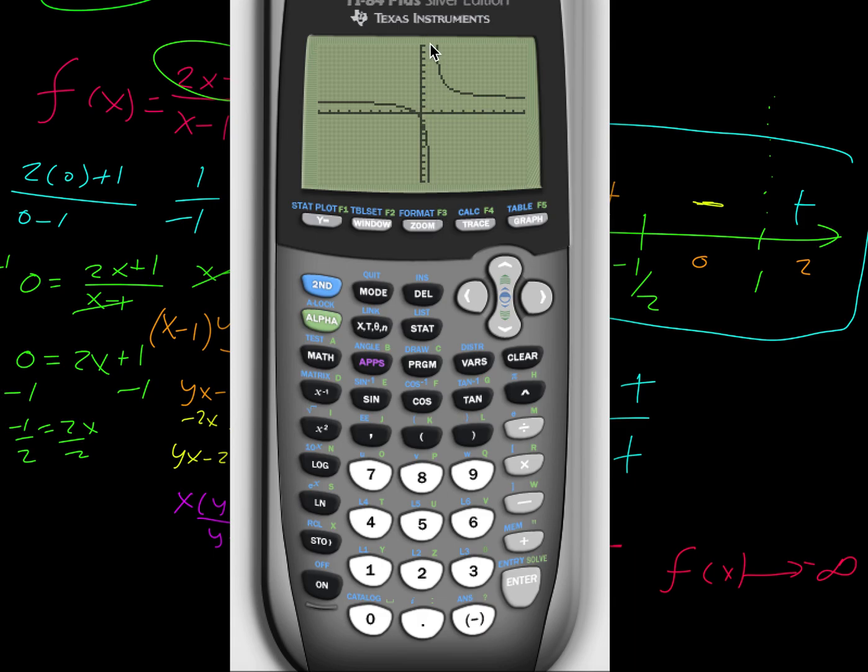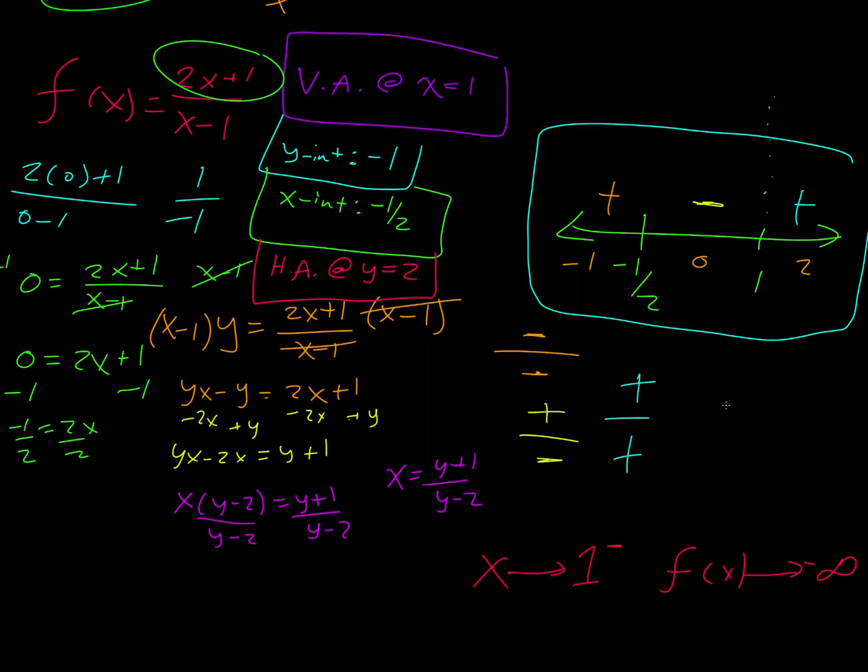Okay, so we have this vertical asymptote right here at 1. And as we approach, meaning we go towards it from the left side or the negative side, then we're going to go down as far as y values are concerned. And so that's what this means. As we approach 1 from the negative side, our y values approach negative infinity.